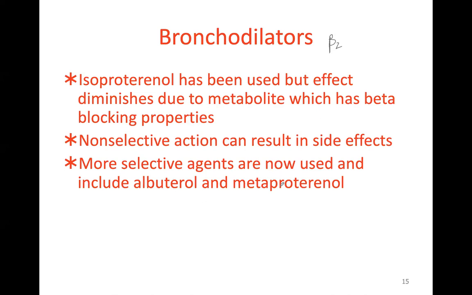If you take it systemically, even with a beta-2 effect, you could have effects on other beta-2 receptors. One concern would be that it could drop blood pressure. Another concern, if a woman were pregnant, is that beta-2 stimulation could affect the uterus and cause premature delivery.